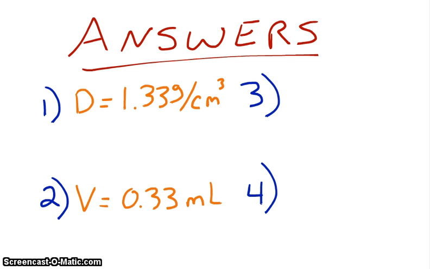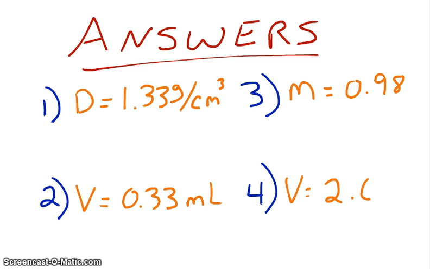That's a tiny volume. Number 3 was looking for a mass. The answer is 0.98 grams. And finally, number 4 was looking for a volume, and the answer is 2.65 centimeters cubed.